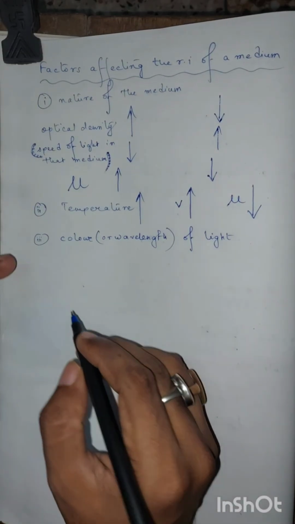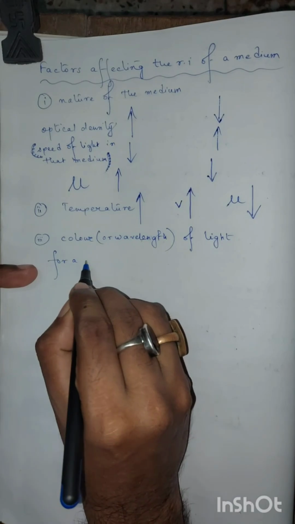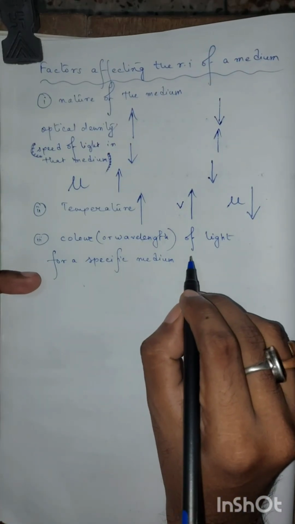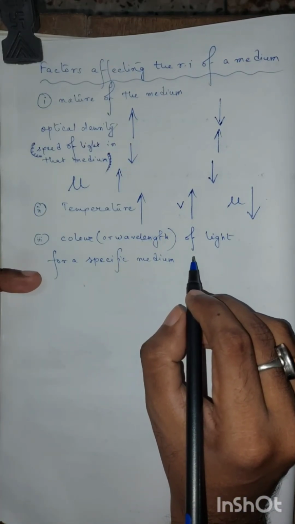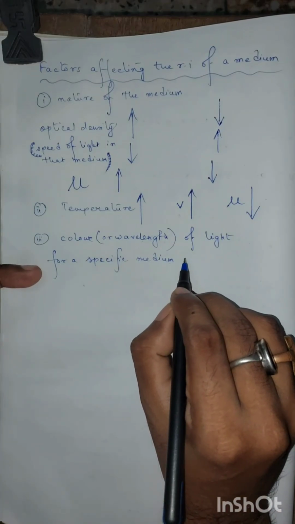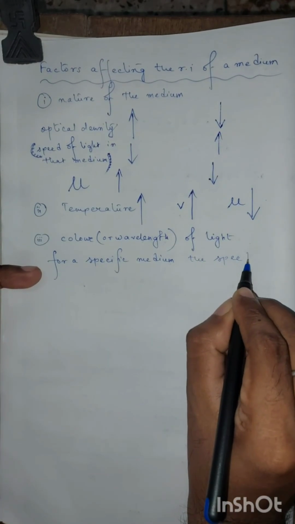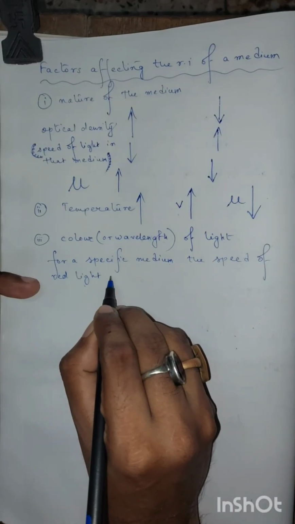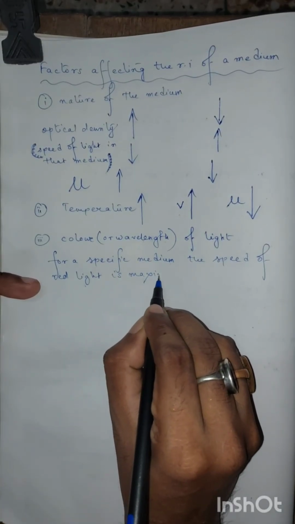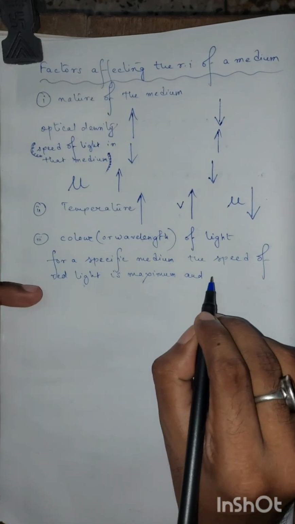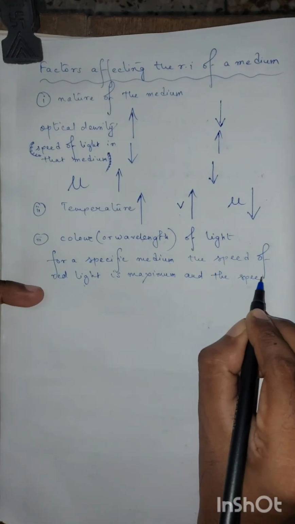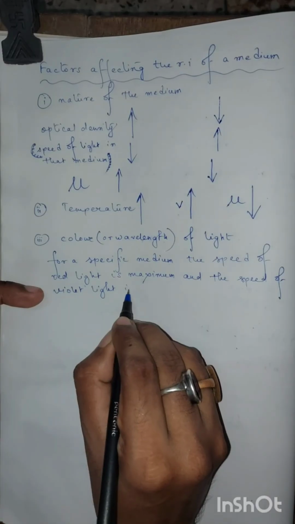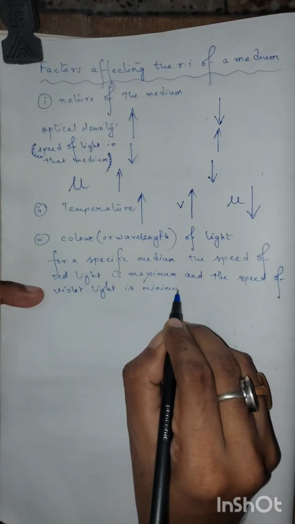For a specific medium, the speed of red light is maximum and the speed of violet light is minimum.